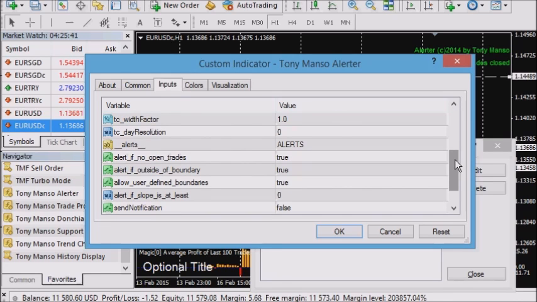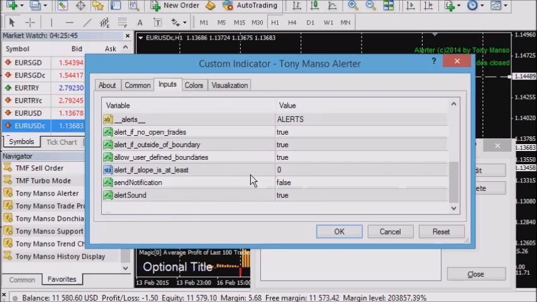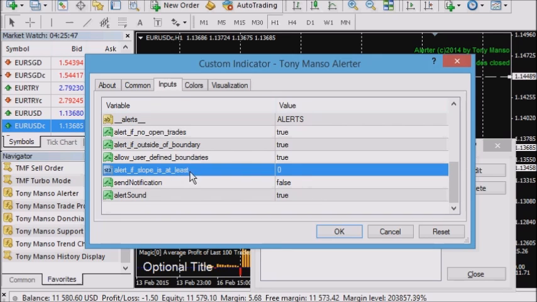Not just that, but right here you can say alert if slope is at least, and the slope is basically a number generated by the trend channel indicator, in points. So if the slope is at least 1, let's say, then you'll get an alert when the slope goes above 1 point or below -1 point, right?